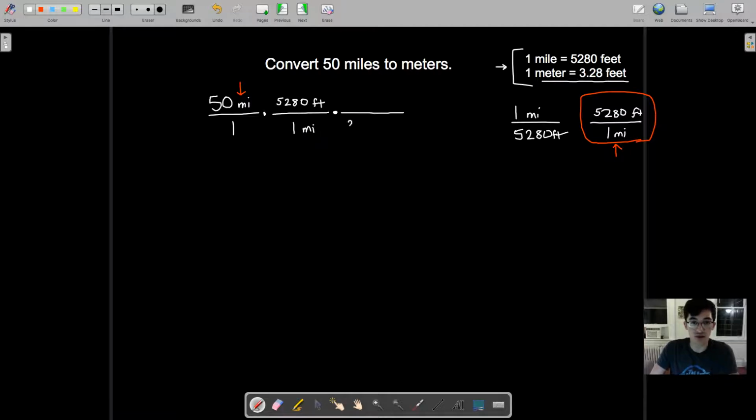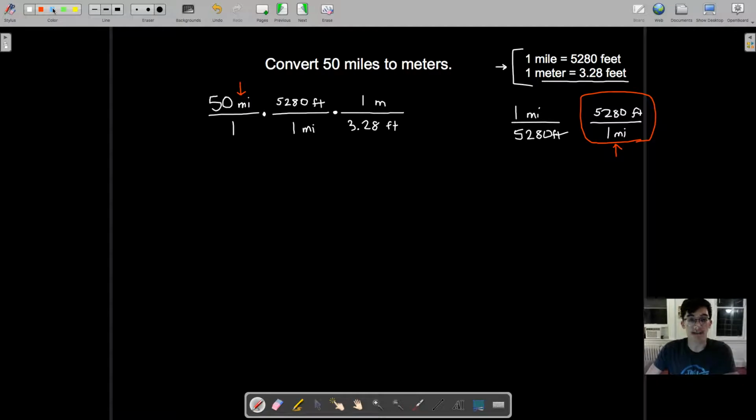So I'm going to make sure I write feet on the bottom. All right, 3.28 feet on the bottom, with 1 meter on the top. It's the same fraction as 3.28 feet over 1 meter, but 1 meter over 3.28 feet will allow us to cancel out our units.